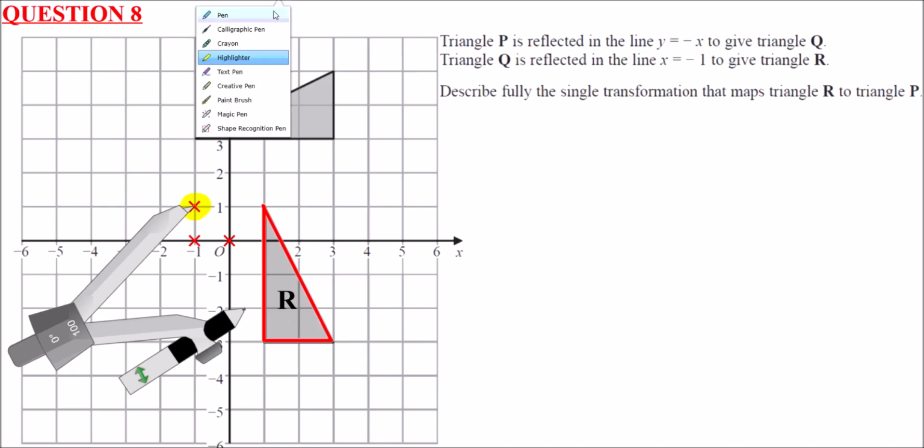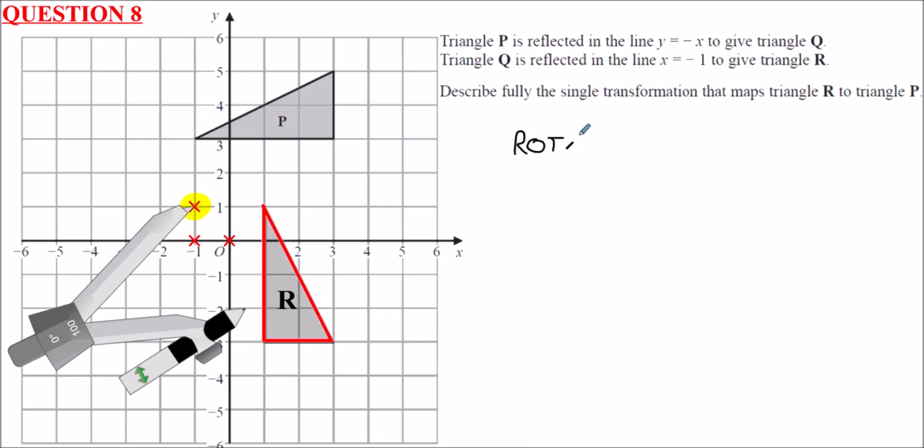So we just fill in these details. So describe fully the single transformation. It's a rotation. We say that first of all. Now, how much turn did we give it? Well, we've turned from here, and we did a 1/4 of a turn to end up there.